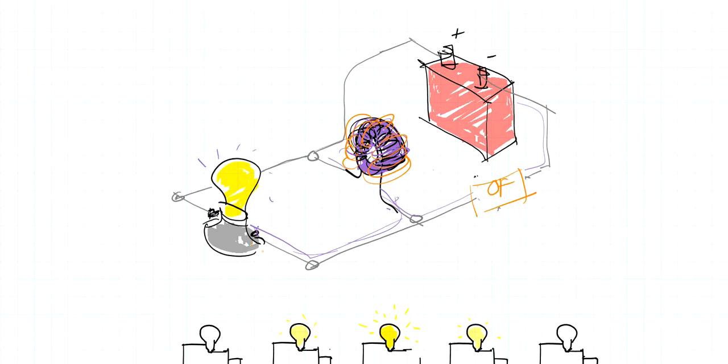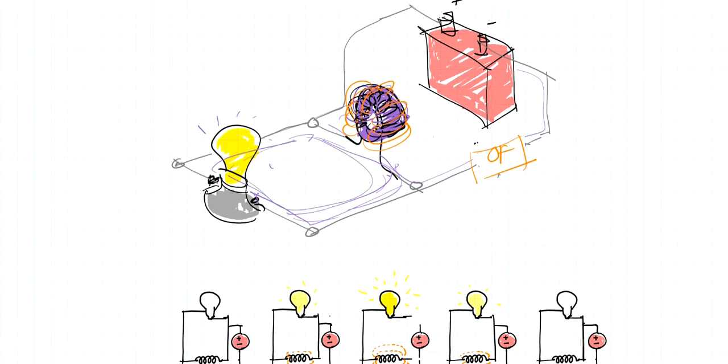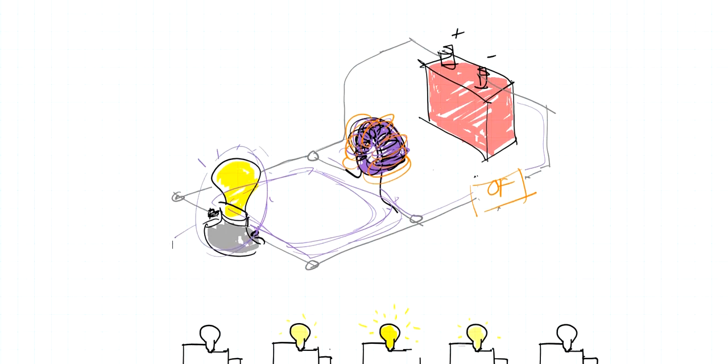But still, because it has stored energy in its magnetic field, it's still able to let the current flow across this circuit because of the inertia of that magnetic field, or the push that is being provided by the magnetic field. So for some interval of time, it is still able to light up.